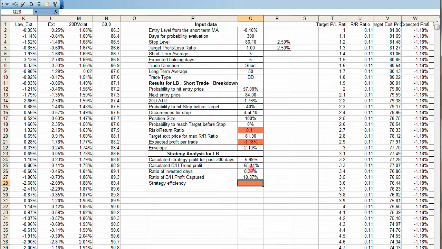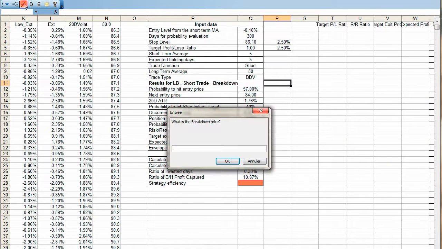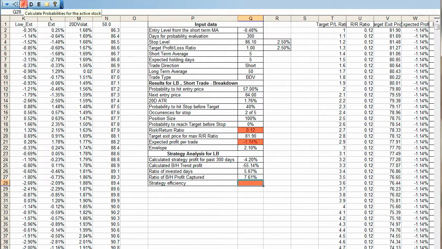So you can see that the risk return ratio is very negative, so it didn't work well on a normal breakdown. I will test a breakdown on volume for the same price at 84, and this is also negative. So basically the probability that this stock will continue lower from here is limited.